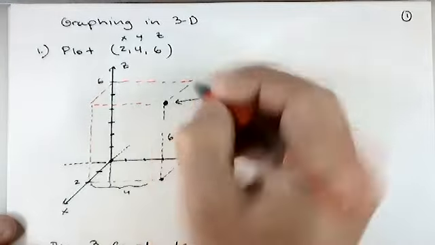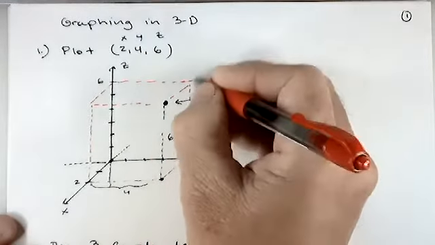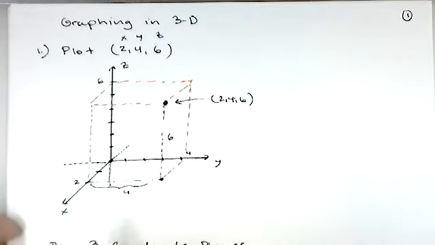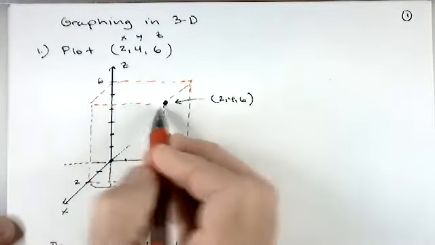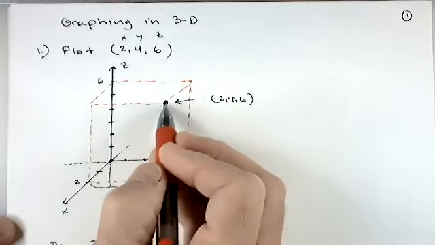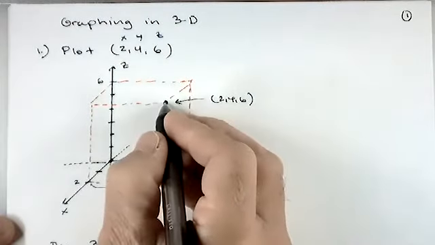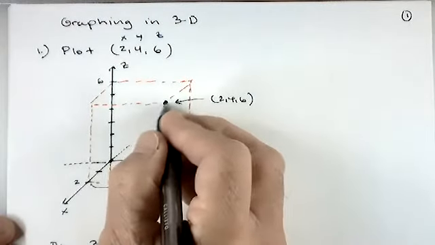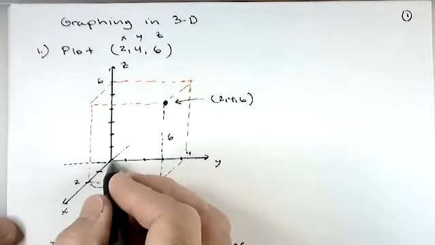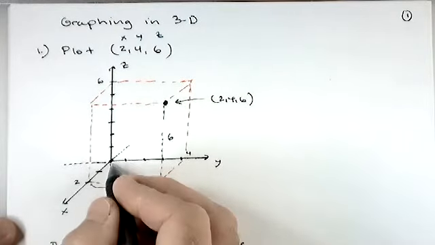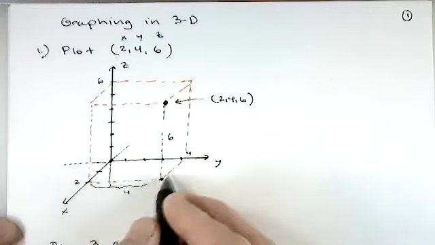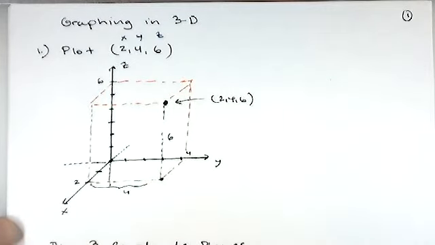See what I've done here is just by adding some extra lines, it really helps bring out that three-dimensional perspective where you can think of 2, 4, 6 as the opposite corner of a box where the origin is the other corner, right? That's the one opposite that. And just by adding some lines, it kind of makes it feel more three-dimensional. Okay.